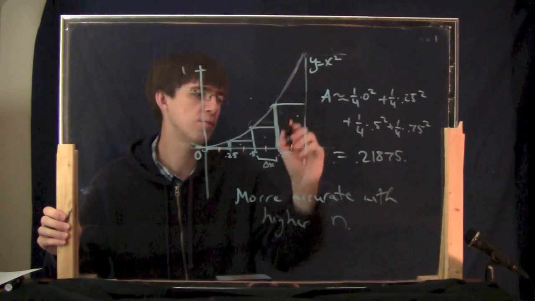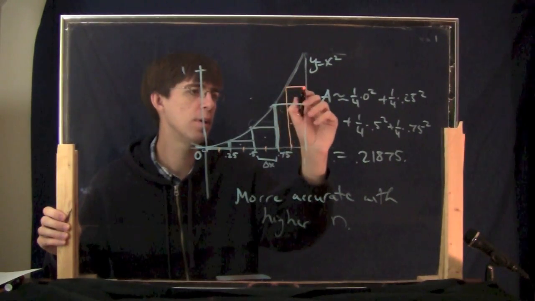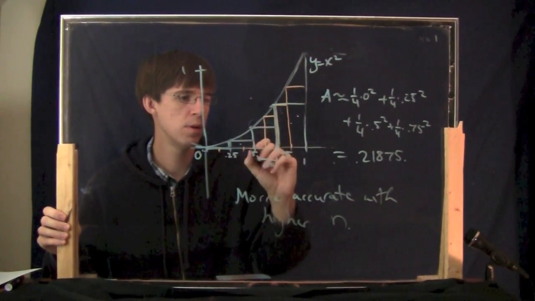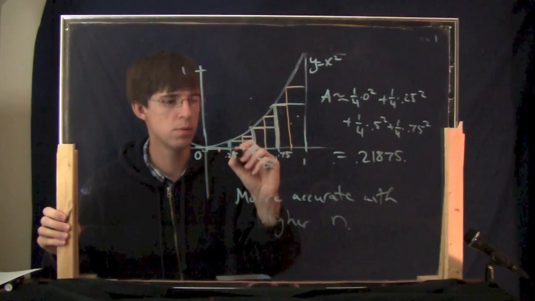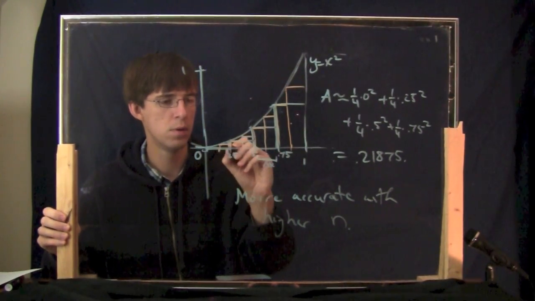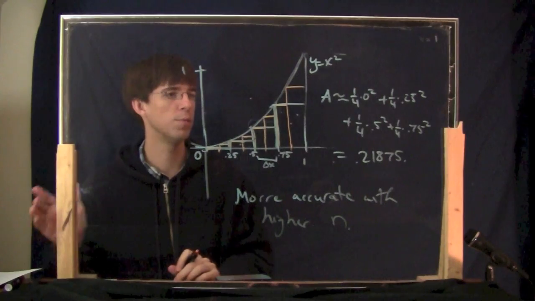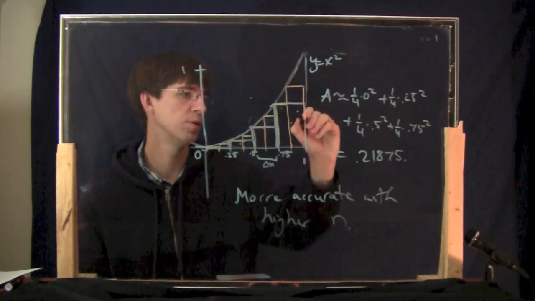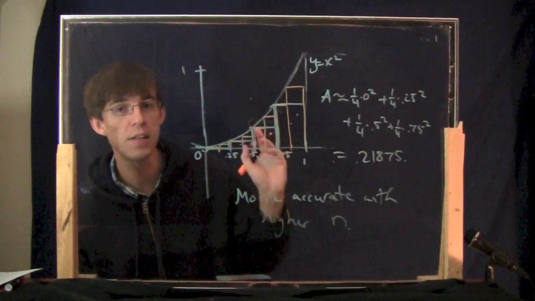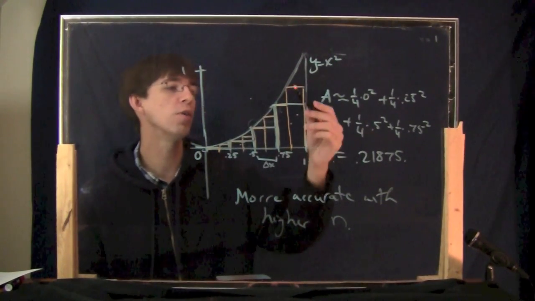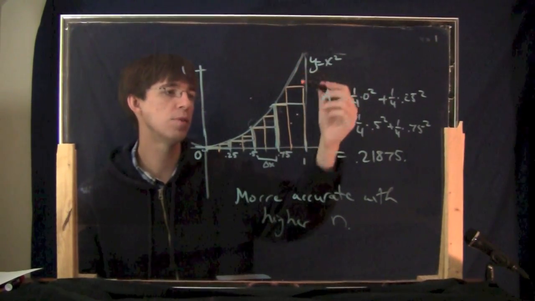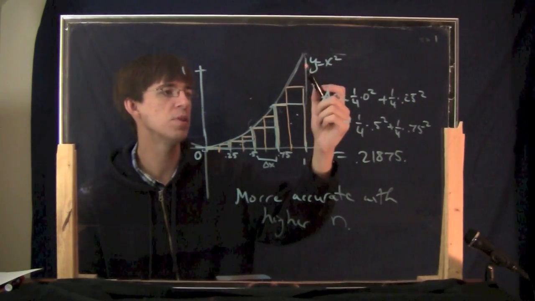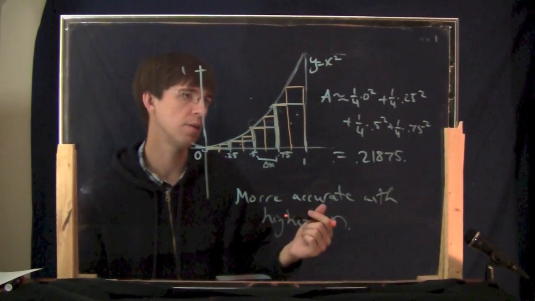All right, instead of this rectangle, you would get this one, and then this one, right? And then here you get this one, and this one, and this one, and this one, and this one, and again the stupid one. But you can see already, if you look just at the orange rectangles, they are going to be more accurate in terms of estimating the area, because the regions of the true area that you miss out are smaller than they used to be, aren't they?